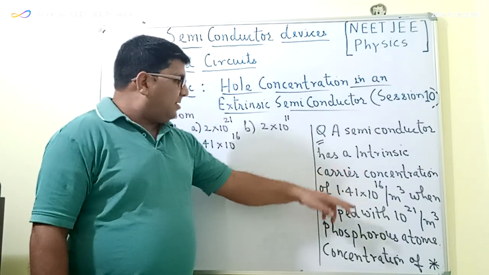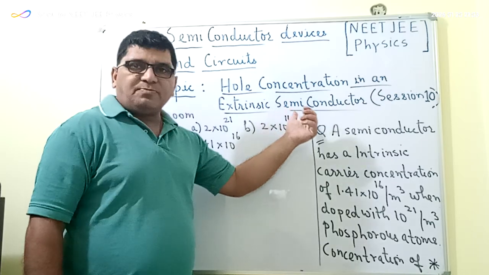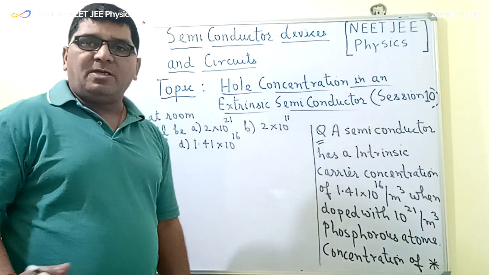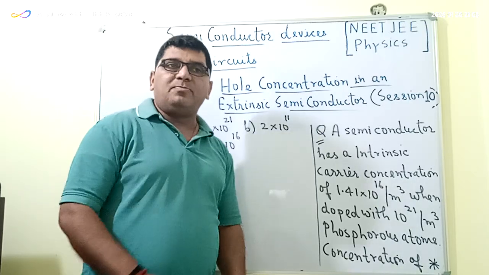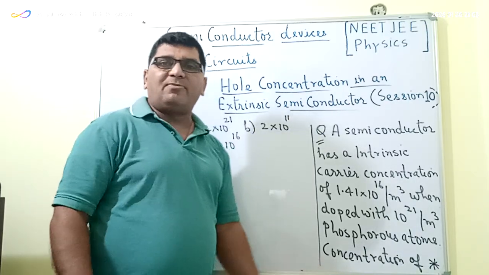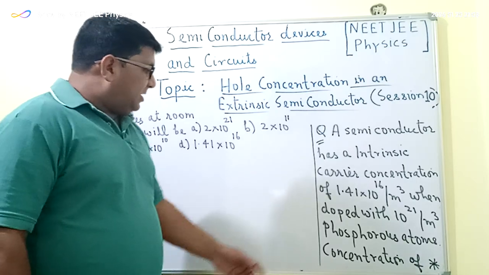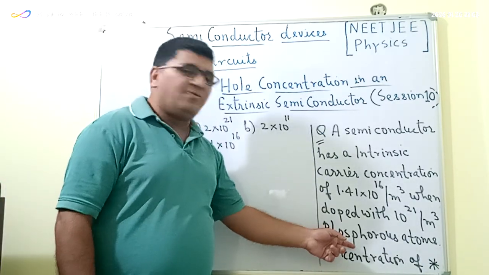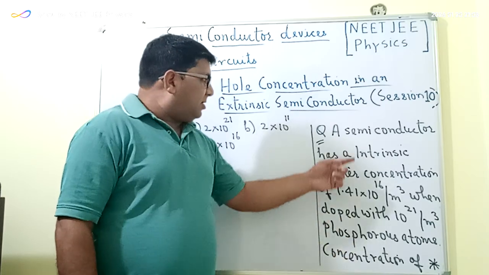An extrinsic semiconductor is basically an intrinsic semiconductor which is doped with some impurity. The impurities are normally pentavalent or trivalent impurities. Here phosphorus is a pentavalent impurity, that is, it has 5 valence electrons.